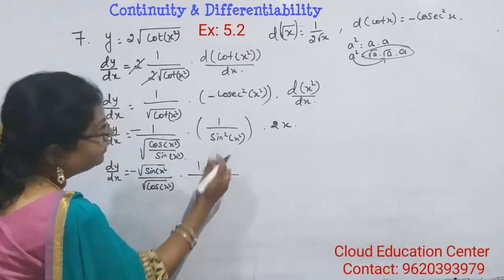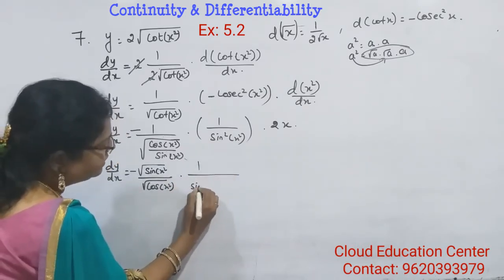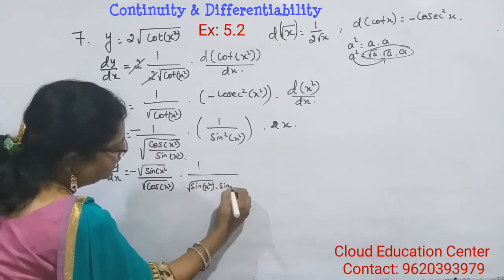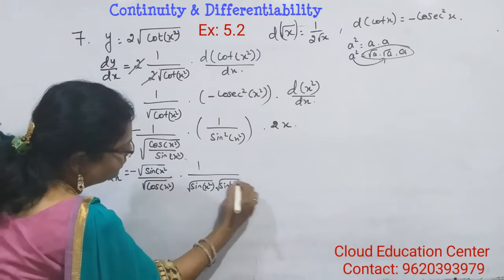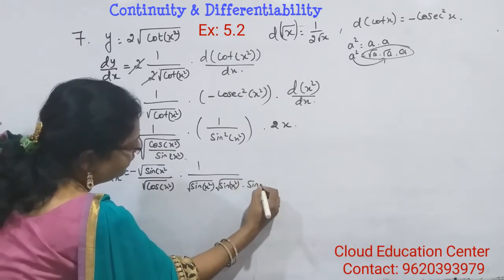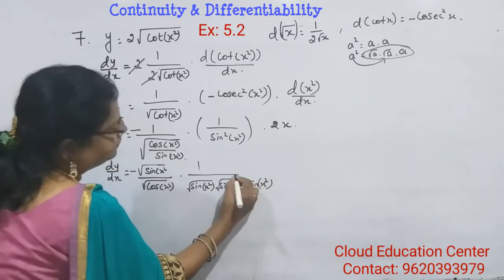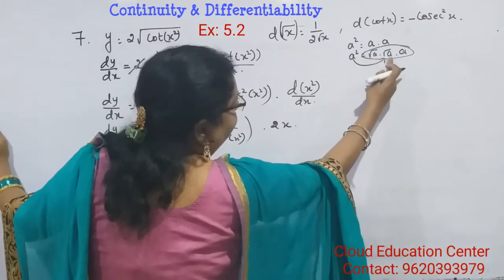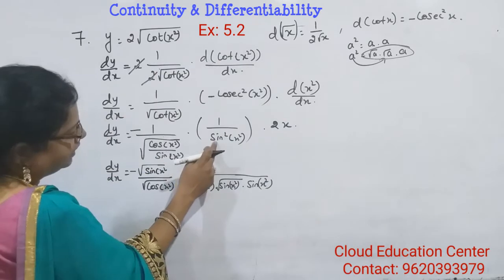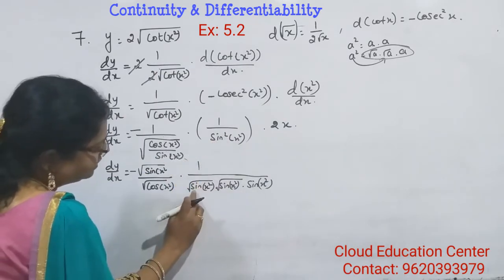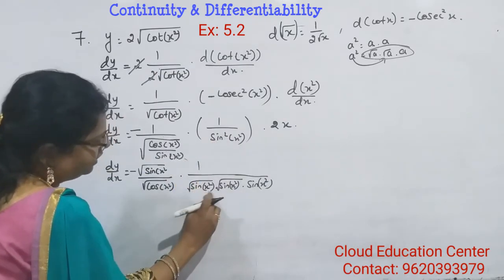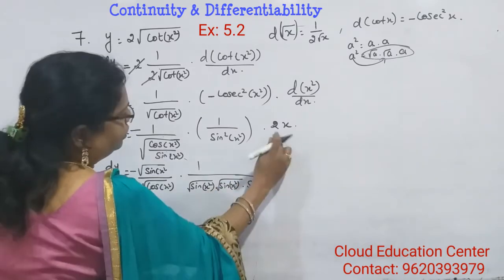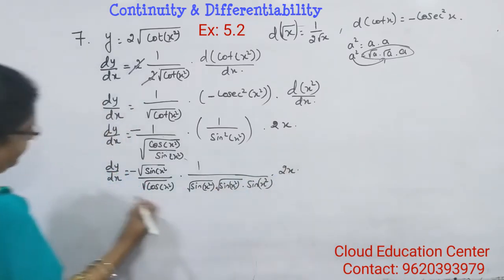So what I am doing, first I will write root of sin x square into root of sin x square into sin x square. In the same way that a square is written as root a into root a into a, sin square x square is written as root of sin x square into root of sin x square into sin x square. Now 2x, write that 2x.